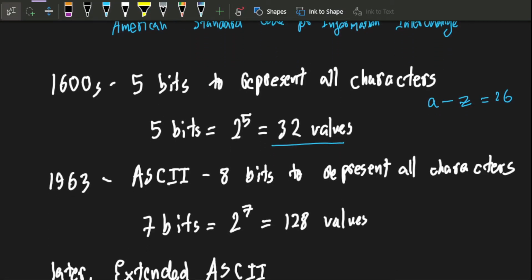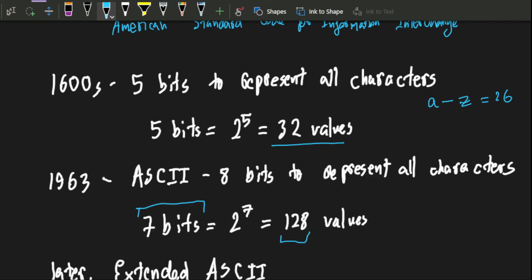But later, when ASCII was invented in 1963, it could hold 128 values, because it used 7 bits.